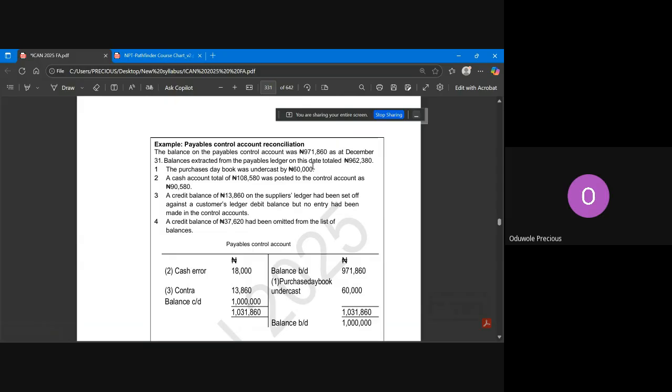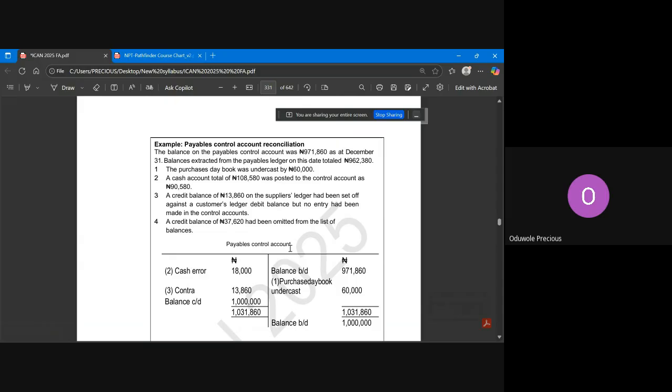Now what does each transaction do? The first one says the purchases day book was undercasted. So where would it directly affect? It will affect the payable ledger control account, because whatever is coming to the payable ledger control account is from those individual ledger balances and from your purchases day book.